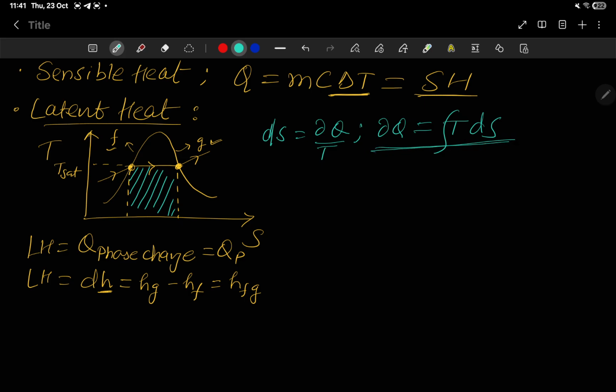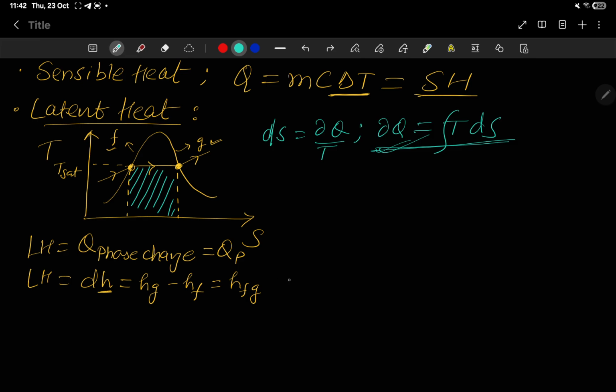So here the area under this TS curve will give latent heat. Now let's try to write this. Here we will get latent heat in terms of entropy.